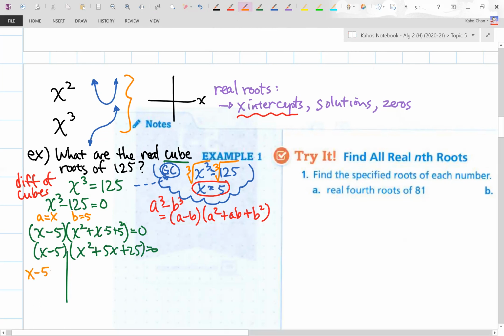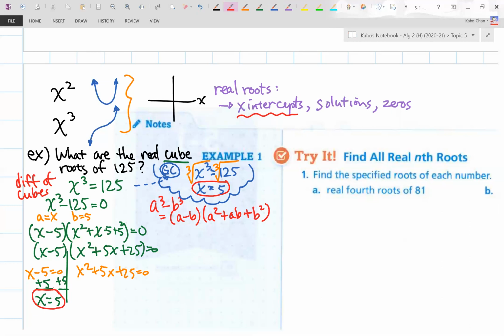X minus 5 equals 0. X squared plus 5x plus 25 equals 0. The first one's easy. Oh, there's my answer again. X equals 5 from the graphing calculator. Great. The other one's a little bit trickier.